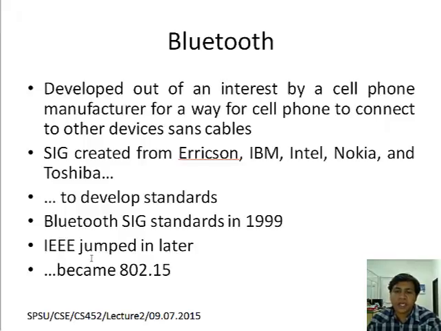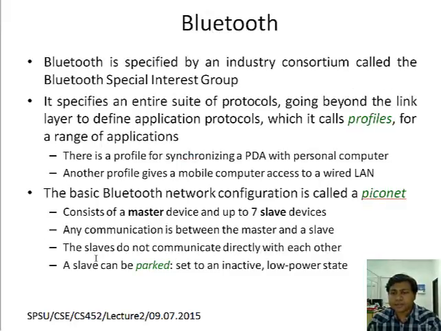So Bluetooth is basically a LAN standard which talks about PAN, personal area network. Bluetooth has its special interest group, the Bluetooth SIG, who define all the profiles and other things.